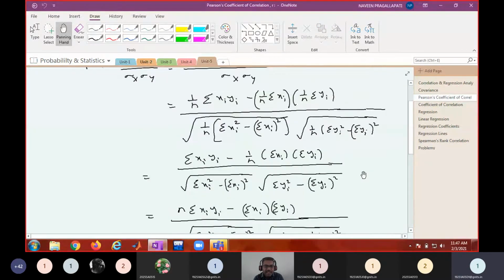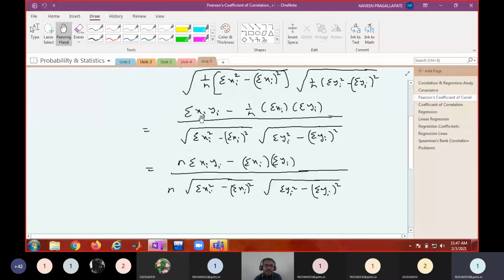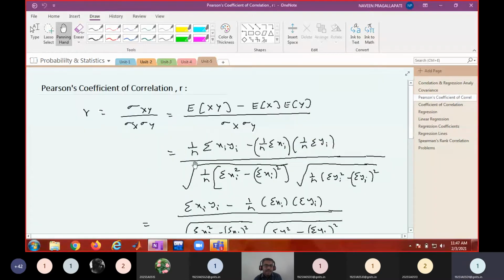Any mistake here? Yes, sir. Sir, sigma xi by n whole square, in the first denominator. Here, sigma xi whole by n whole square term, no sir.